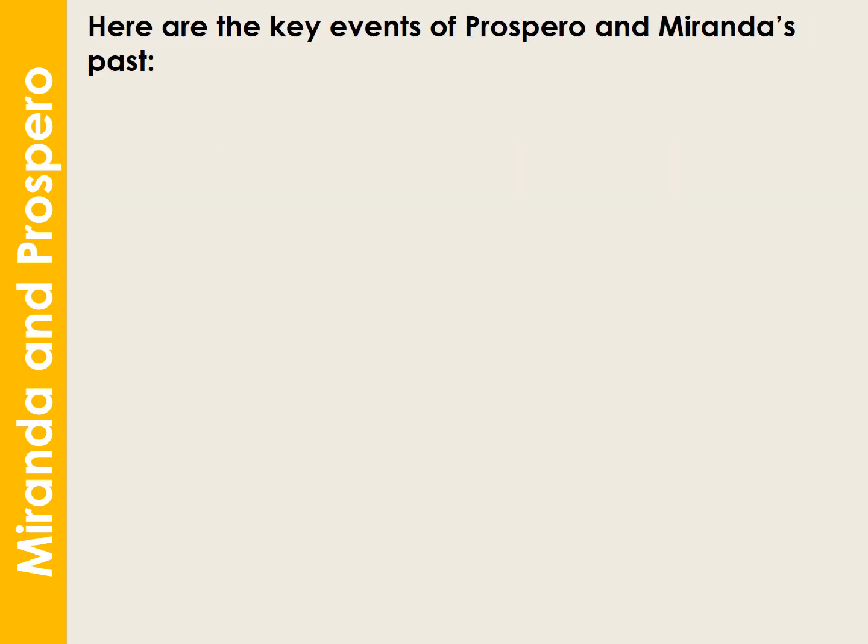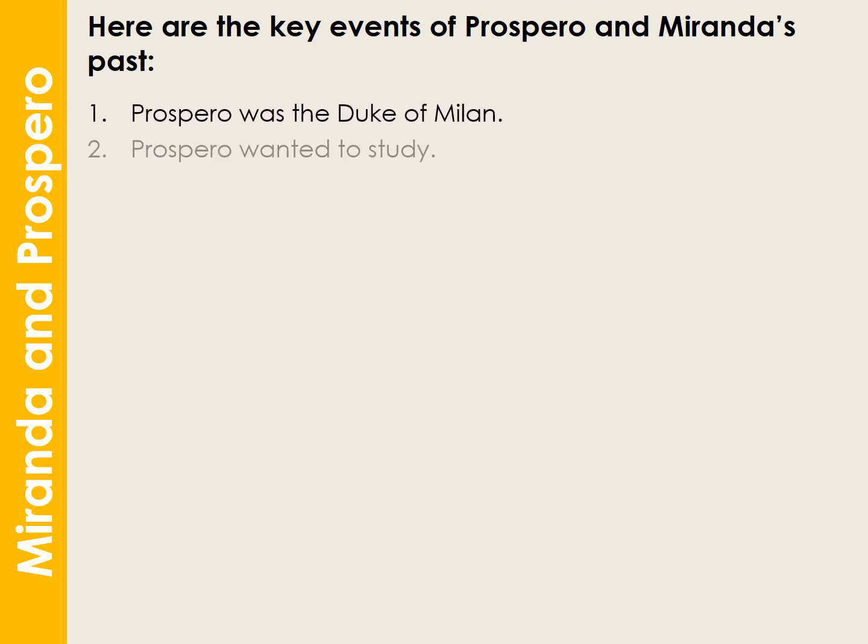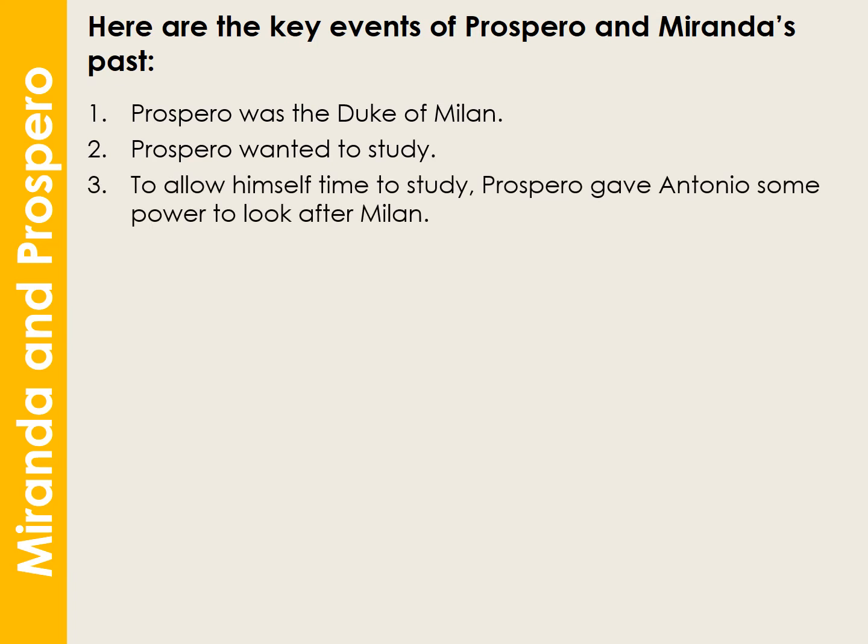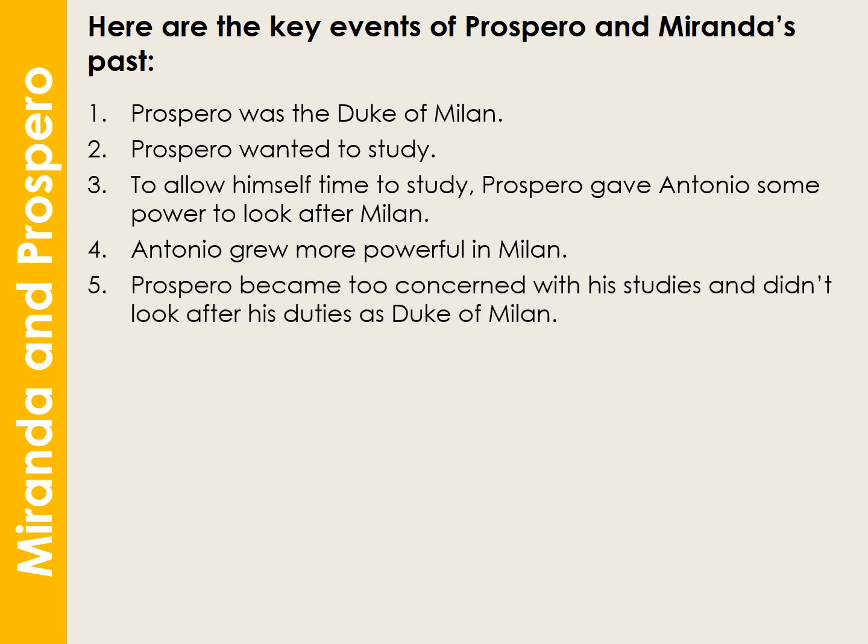Okay, so here are the key events. So Prospero was the Duke of Milan. Prospero wanted to study. To allow himself to study, Prospero gave Antonio some power to look after Milan. That was a big mistake. Antonio grew more powerful in Milan. Prospero became too concerned with his studies and didn't look after his duties as Duke of Milan.